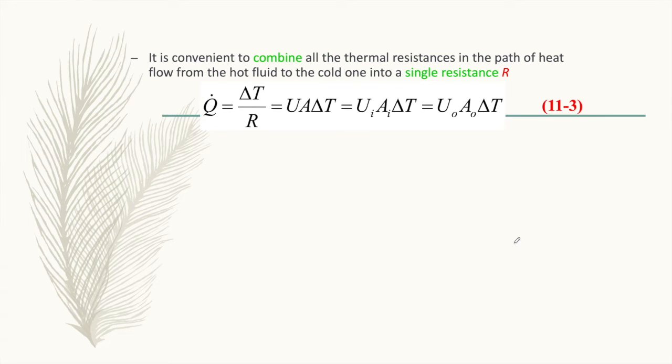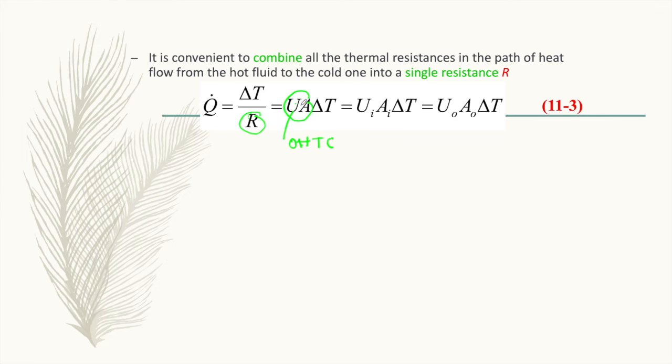So how? We know that Q dot is delta T over R, where R is R total. Now we want to change into a single resistance, where we will use UA. U is the overall heat transfer coefficient. This is what we call the overall heat transfer coefficient.